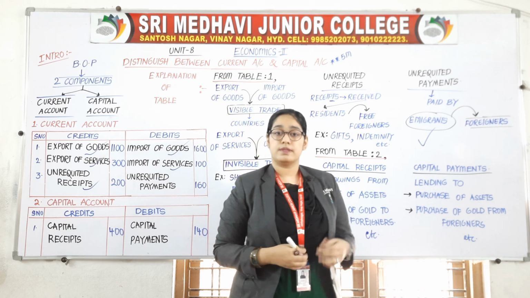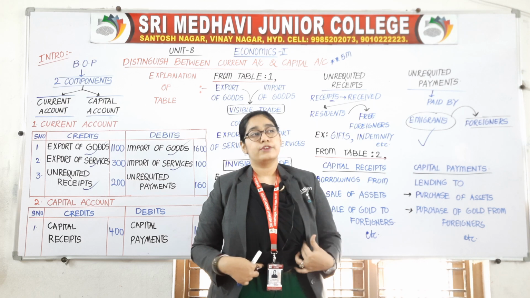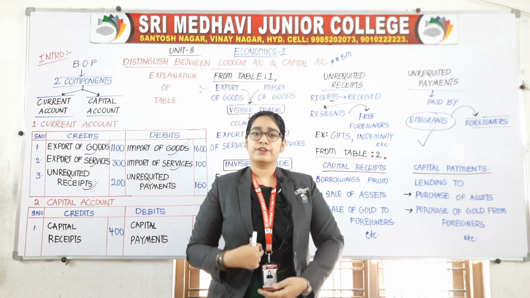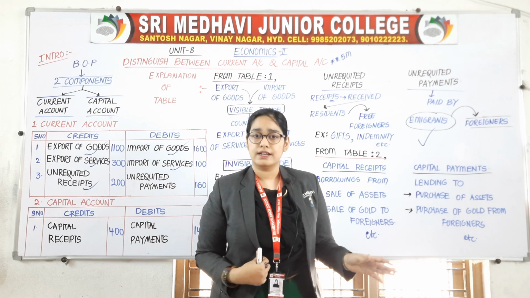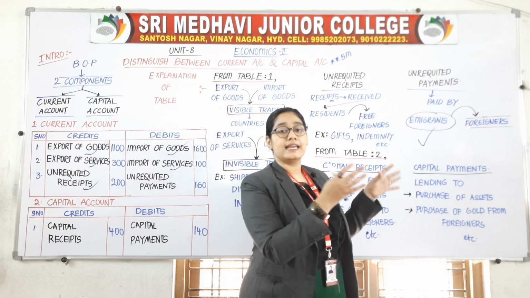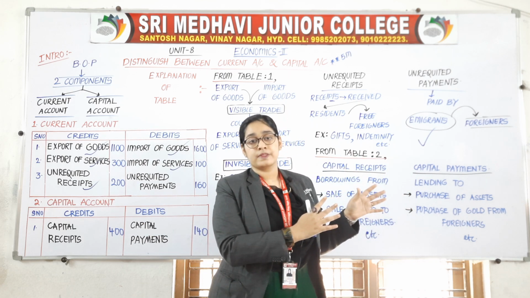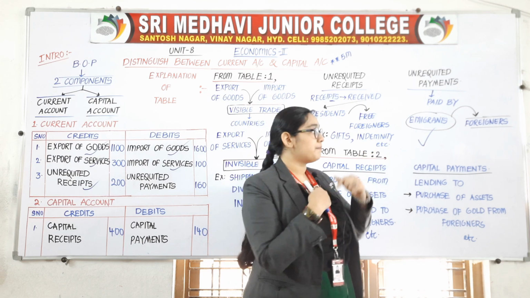Hope you know the meaning of emigrant. Let me give you an example. For example, if I'm staying permanently in Canada, if I am settling permanently in Canada, then I am termed as an emigrant.